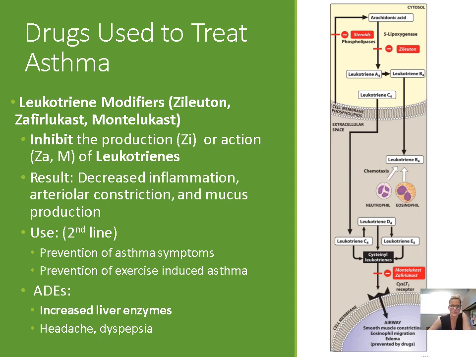The drugs we see here, Zileuton, Zafirlukast, and Montelukast, are what we call leukotriene modifiers. They modify or block the action of leukotrienes, which are related to causing inflammation, constriction, and mucus production.